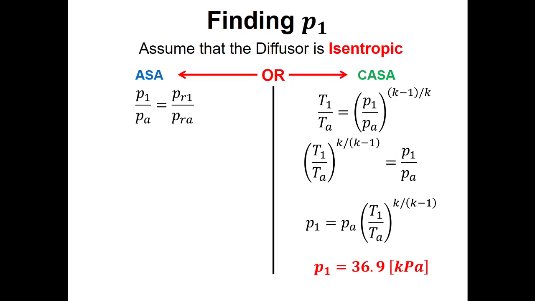I've already found PR1 from the last part of the problem, so now I can find P1 is equal to PA multiplied by PR1 divided by PRA. I could find PRA by interpolating on table A22 because I was given the temperature at state A at the beginning of the problem. In this case, again, I see a similar pressure of 36.9 kilopascals.